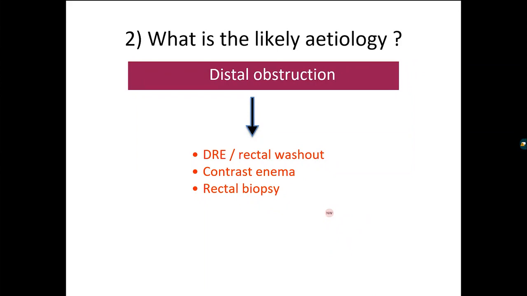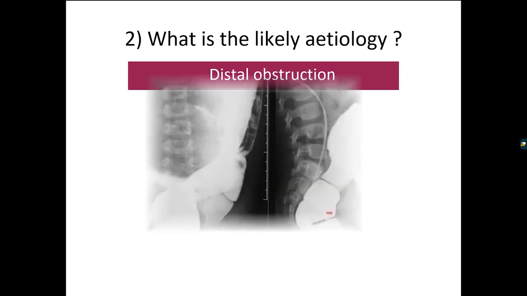Also, in a case like meconium ileus, you might be able to see inspissated, hard, thick meconium pellets all the way down to the distal ileum, and those can be detected on contrast enemas. In a baby with suspected Hirschsprung disease, once you do the basic assessment, a rectal biopsy is required to arrive at a histological diagnosis. So that is the workup for a baby with suspected distal bowel obstruction.